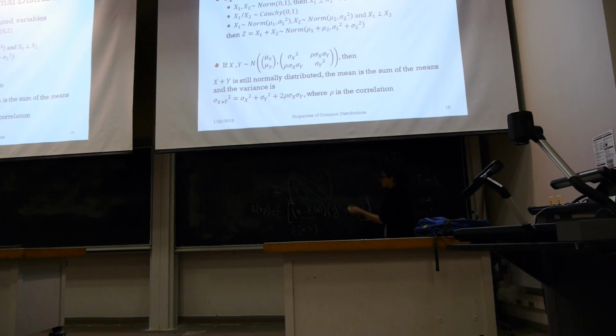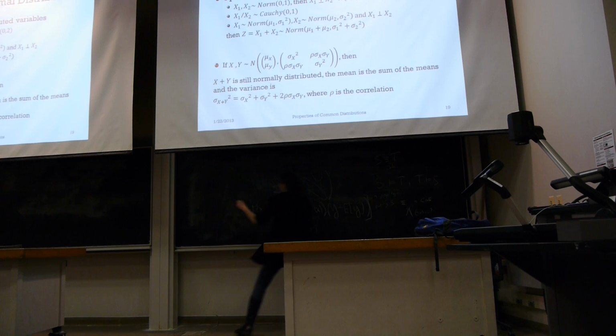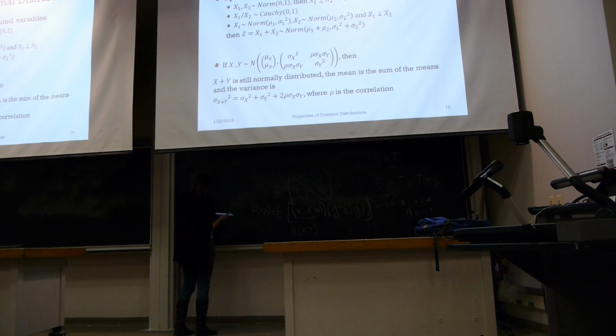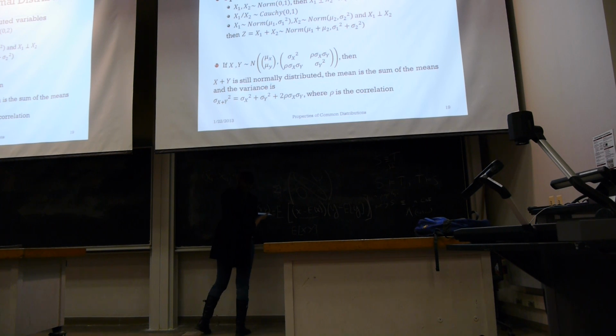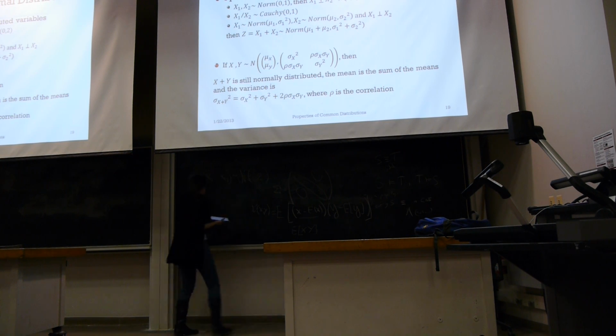So the way you compute the covariance matrix: let's say x1 to xn is normal with mean 0 and covariance sigma. Then sigma_ij will be the covariance between xi and xj. Does that explain your question about the covariance matrix and how it's computed?